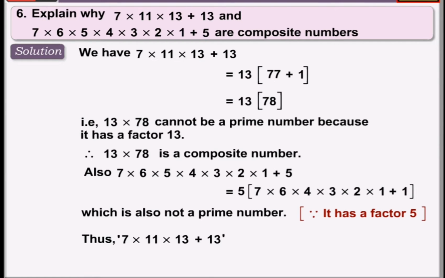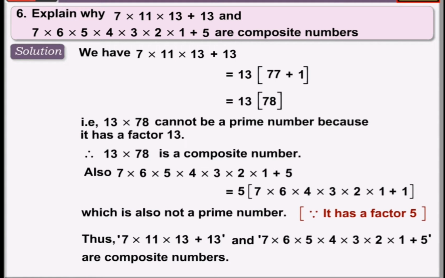Thus, 7 into 11 into 13 plus 13 and 7 into 6 into 5 into 4 into 3 into 2 into 1 plus 5 are composite numbers.